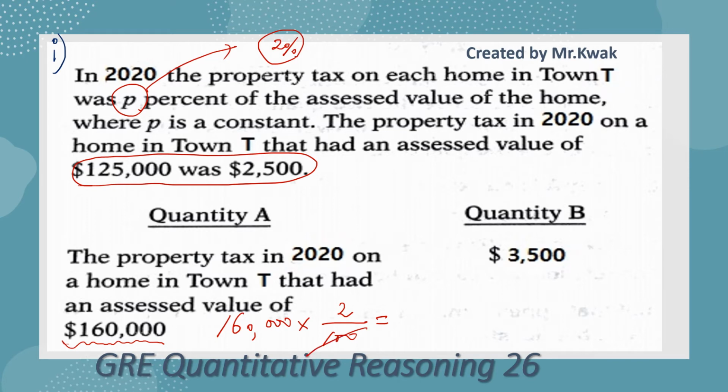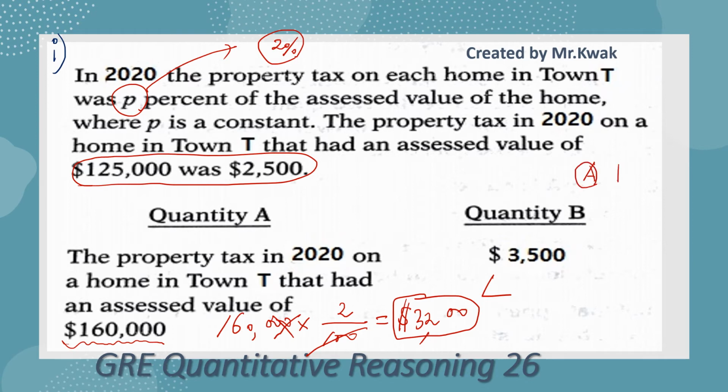In that case, we can reduce up to this one, and then if you calculate it, the amount of money is $3,200. In that case, quantity B is larger than quantity A because from the question, quantity B was $3,500, but quantity A is $3,200.